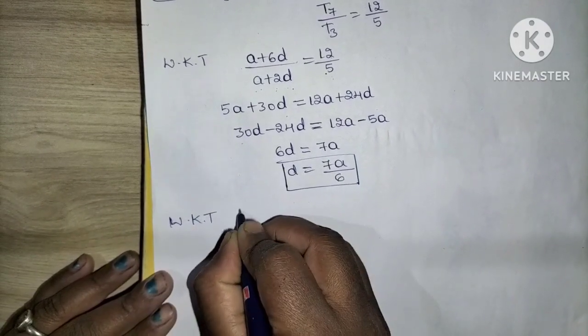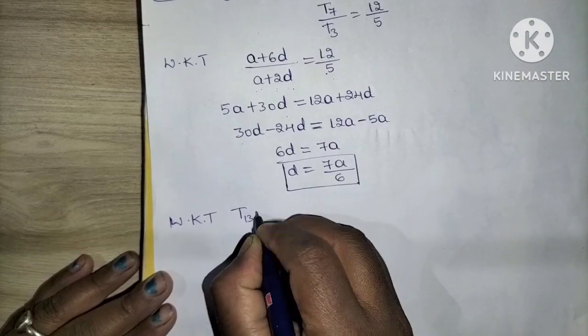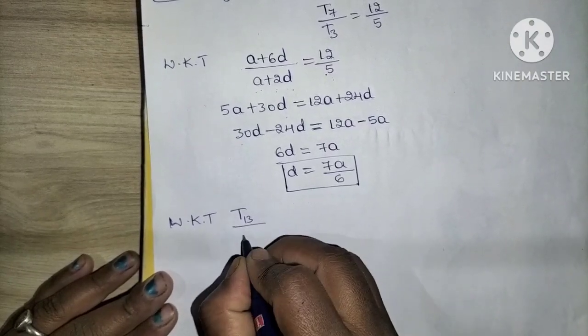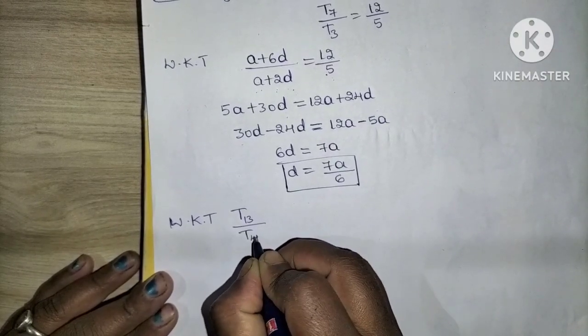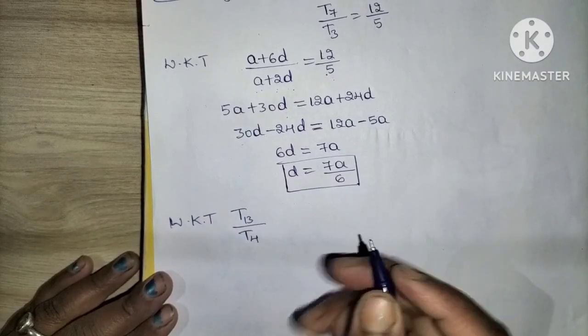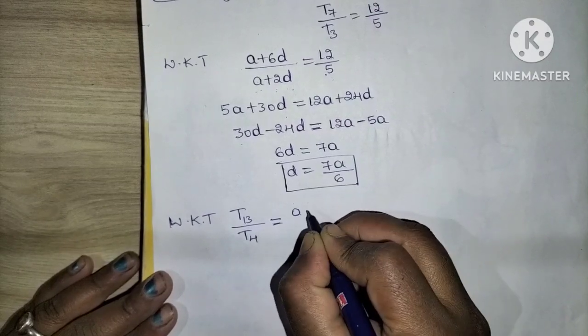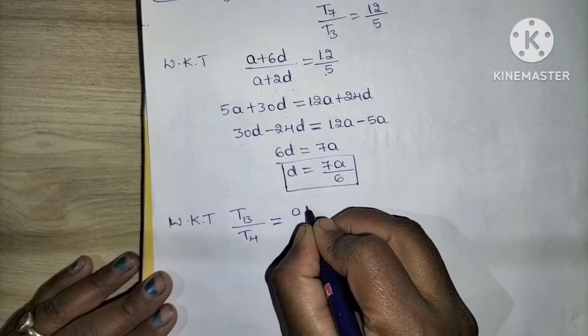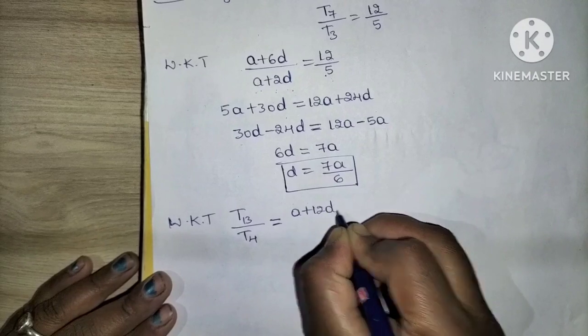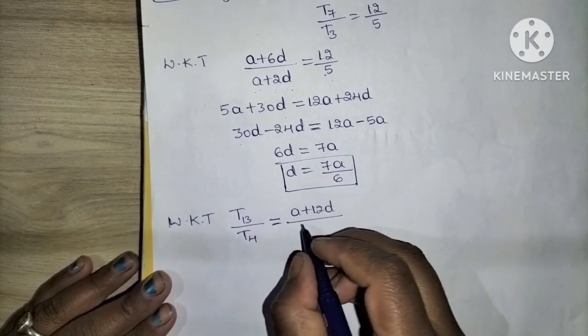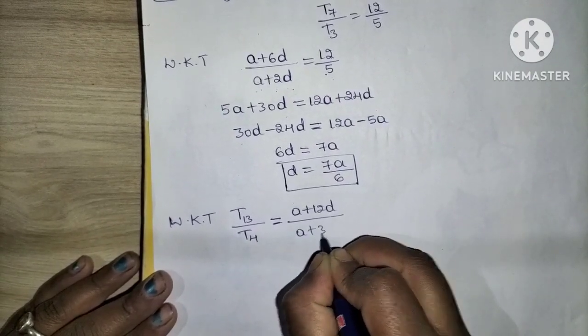Another one: we know that the 13th term divided by the 4th term. We can write the 13th term as a plus 12d, divided by the 4th term, a plus 3d.